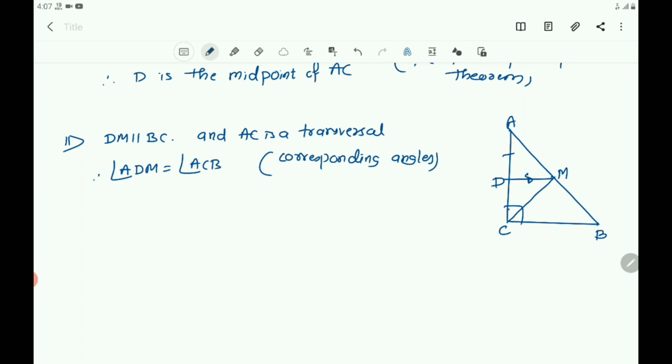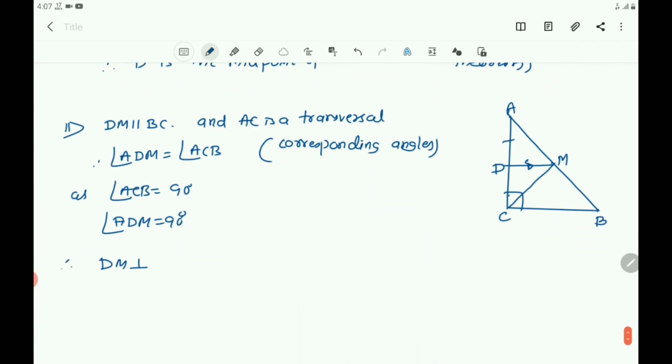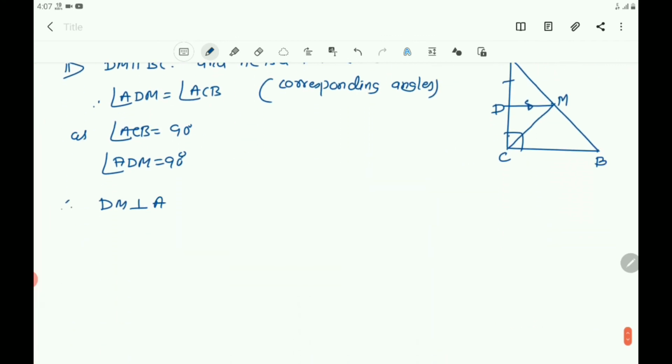Here, as angle ACB equals 90 degrees, angle ADM equals 90 degrees. Therefore, you can say that DM is perpendicular to AC, or MD is perpendicular to AC. Second one you got.